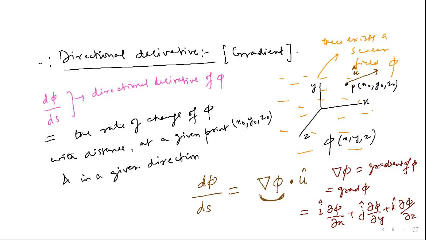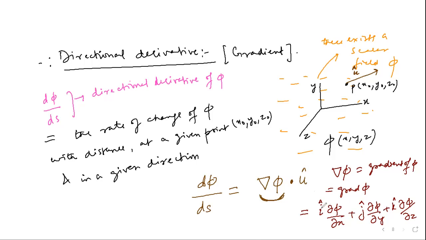So my gradient of phi is a vector. It has three components, and these three components are partial derivatives. X component is partial derivative of phi with respect to x. Y component is partial derivative of phi with respect to y. Z component is partial derivative of phi with respect to z.